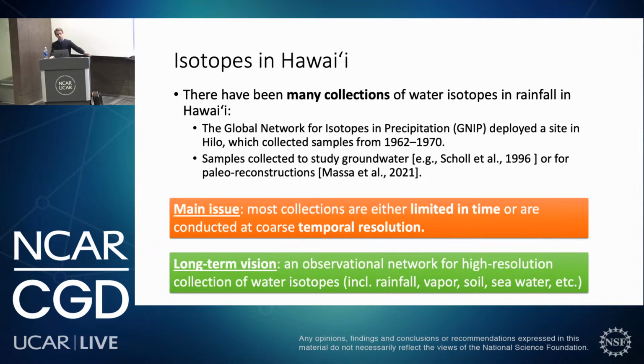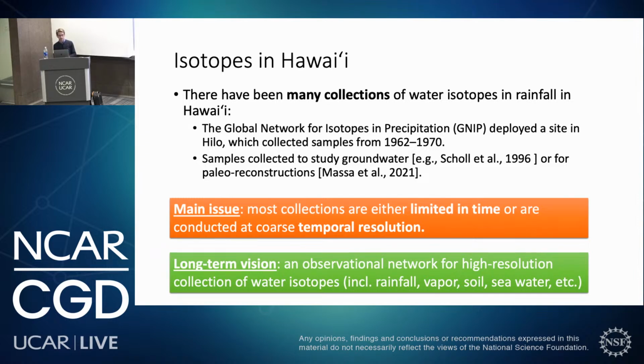The collections that have been done in Hawaii were either done very far in the past, in the 60s, when there wasn't a lot of additional data that we could compare the records with. So no satellites, and just a little bit of reanalysis that could be used. There wasn't a lot of climate data in Hawaii like we have now. Or they were done at a very coarse resolution.